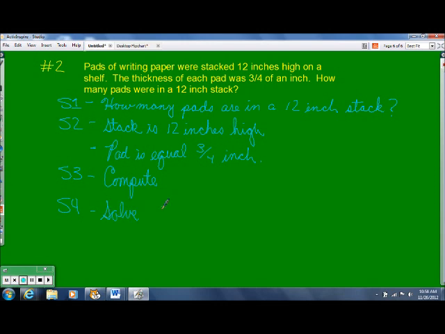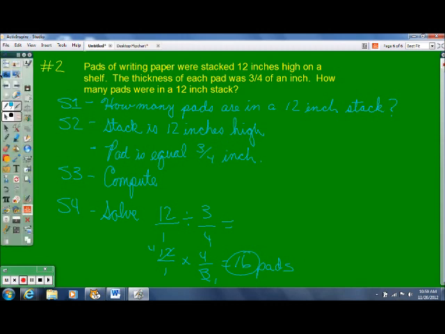So when you solve this, you had a 12-inch stack divided by the pads, which were 3/4 of an inch each. And we can write it this way. Running out of room here, I'm going to squeeze it in. We have 12 over 1 times 4/3. And cross cancel it. Equals 16. So 16 pads.